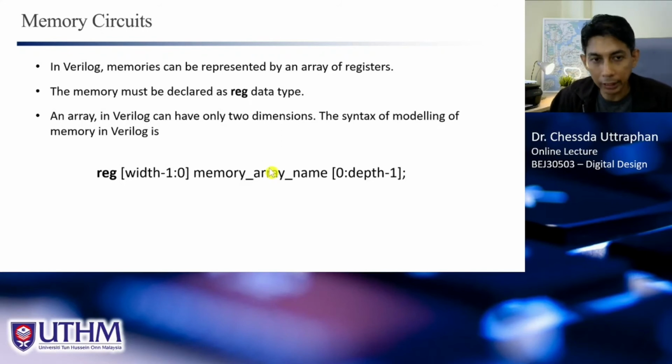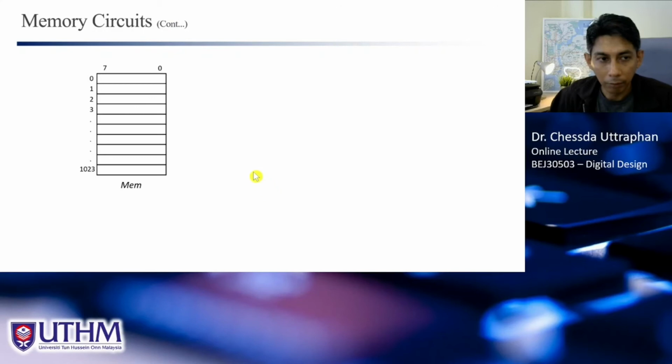So this is how we create the memory in Verilog. But before we create the memory in Verilog, let's see how the memory works, or how the memory looks in the system. So this is an example of how we draw the memory in the design. And this memory is a 1K memory, 1 kilobyte memory, because one memory location is 8-bit here, or 1 byte.